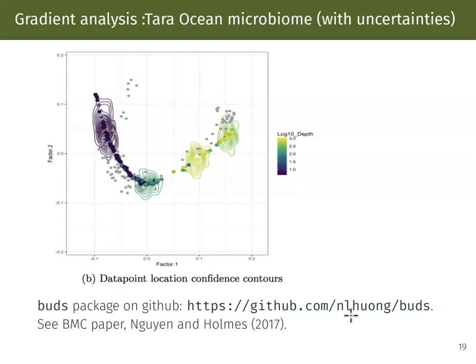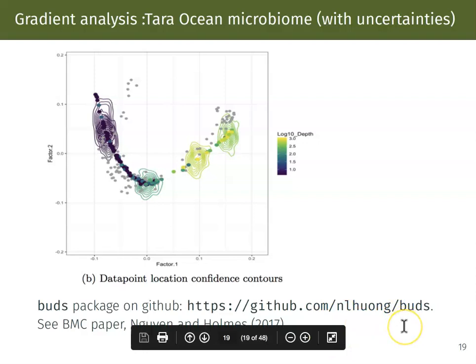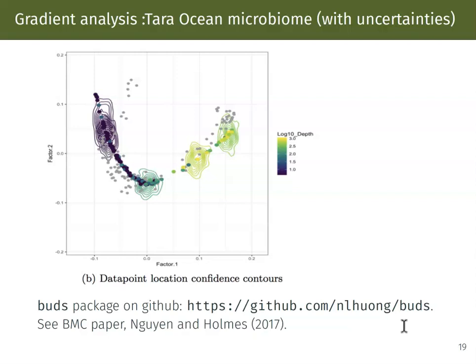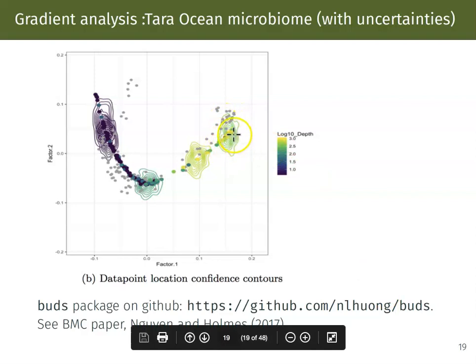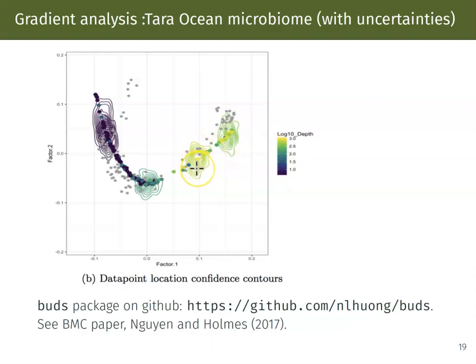in a paper that appeared, and which also has an R package called BUDS that was written by Lan. And in that paper, we actually quantify the uncertainties of the different points by contours in exactly the same way I showed you how to do uncertainties for PCA. But in this case, the foundation for the work is on the distances between the points.